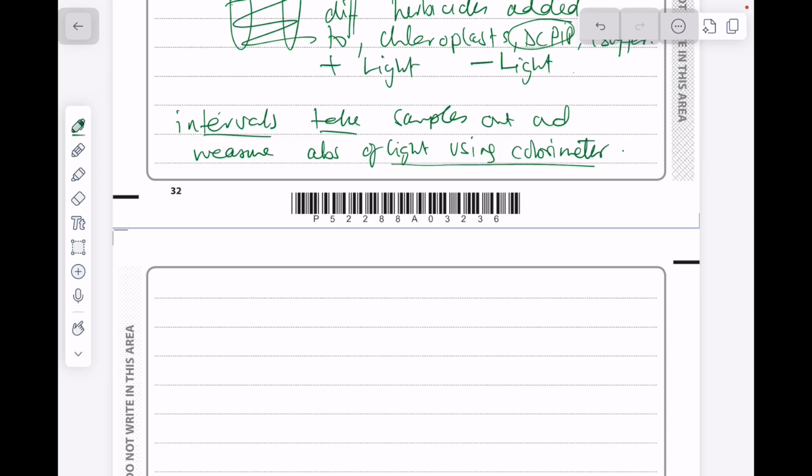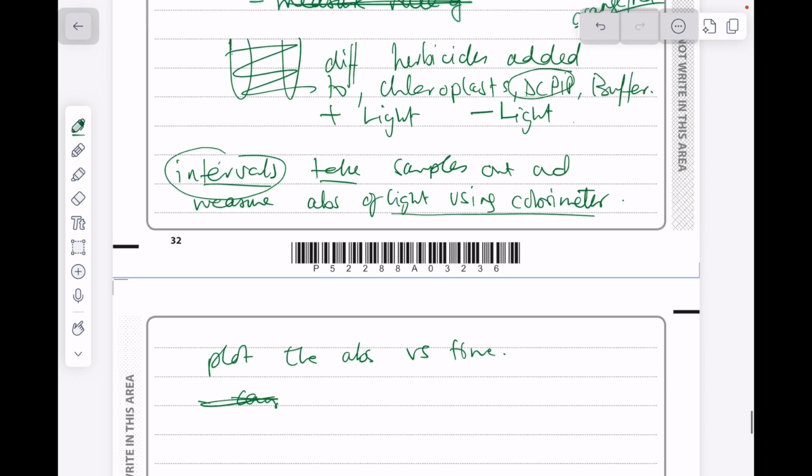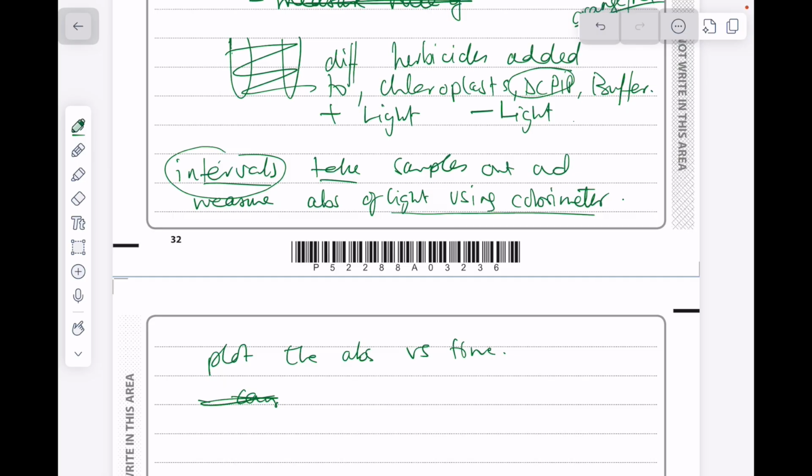Yeah, and essentially after a set time we plot the absorbance versus time, and what we want to then compare, and in order to keep these comparisons valid, what we want to do is make sure that we keep certain biotic and abiotic variables the same.